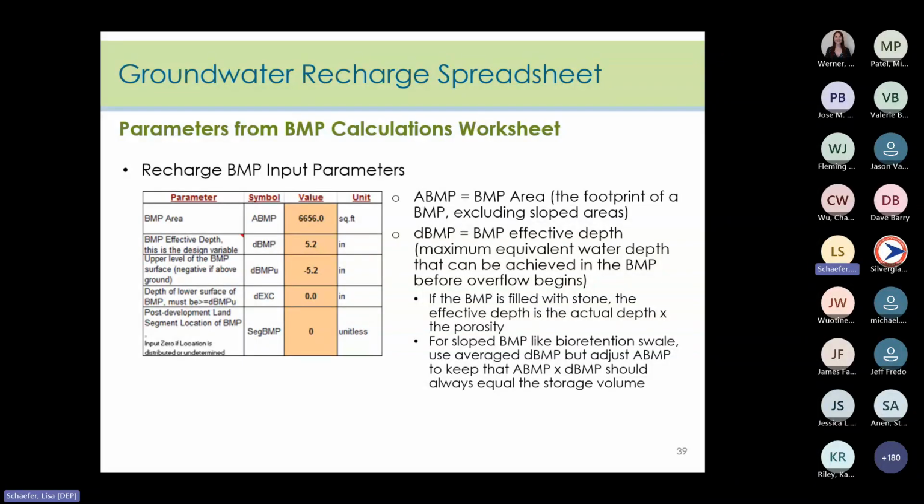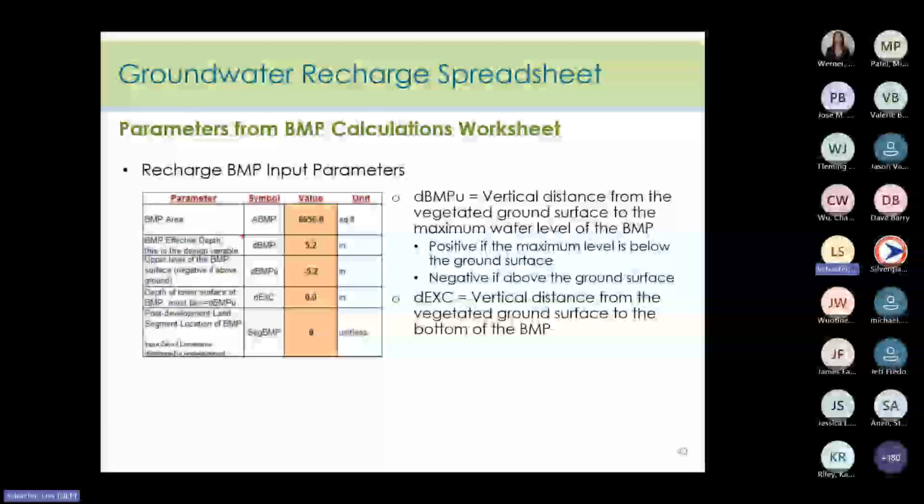DBMPU is the vertical distance from the vegetated ground surface to the maximum water level of the BMP. It's positive if the maximum level is below the ground surface, if you're going down into the BMP. It's negative if it's above the ground surface.